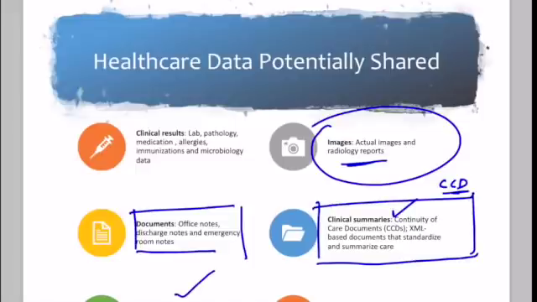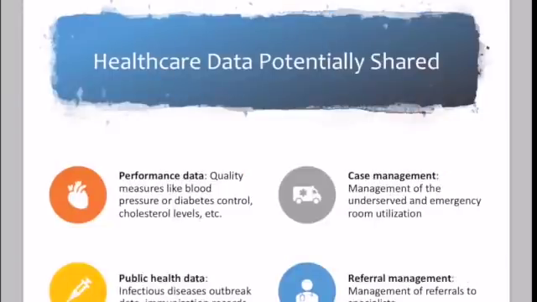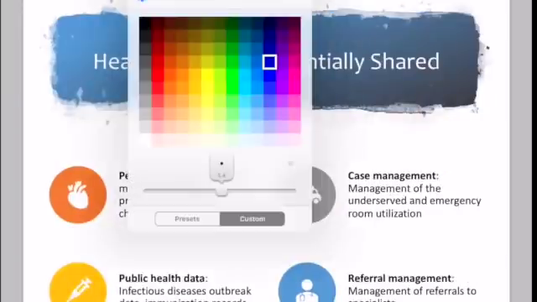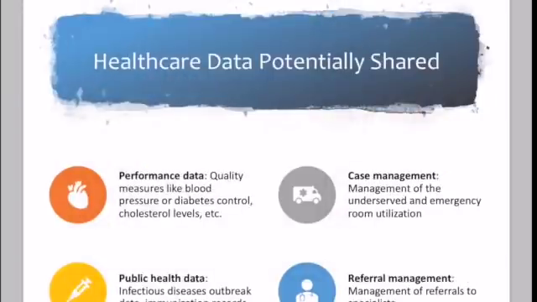And financial information: claims data and eligibility checks, medication data, electronic prescriptions, formulary status, prescription history, and more. We have data about performance, such as quality measures like blood pressure levels, diabetic levels, and cholesterol levels of all the patients, or one patient, or cohorts.